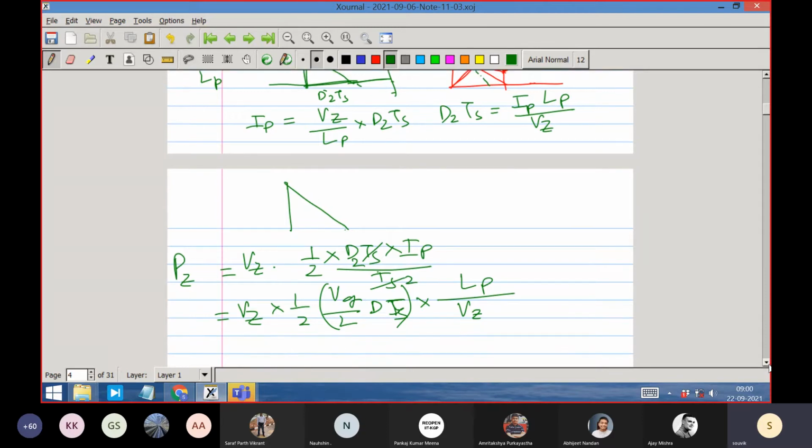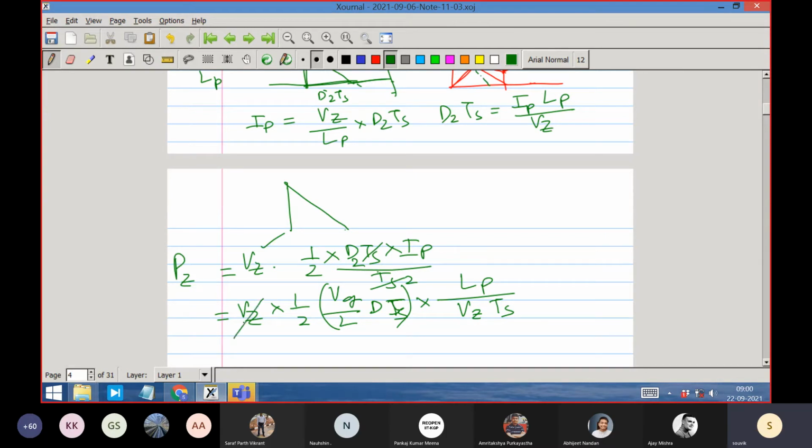Some mistake I am making. What is that mistake? Or maybe it is correct. This is Vz I have done. For D2, one more Ts will come in the denominator, I guess. Yes, one more Ts will come in the denominator. Let me cross check. I peak I have done correctly. I peak can be done two ways, that is okay. Here I am trying to write in terms of Vg. So first is Vz, that is correct, and this part is this one.